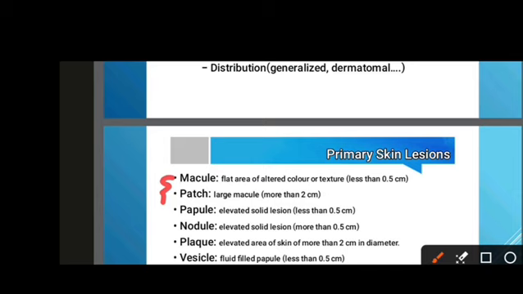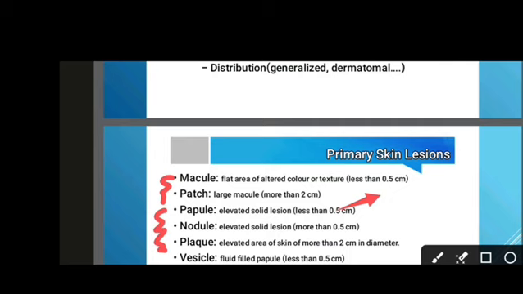The second group, papule, nodule, and plaque, are elevated, solid lesions. A papule is an elevated solid lesion less than 0.5 centimeter.